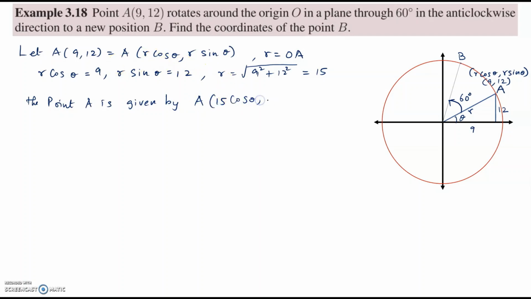Then the point B will be given by (r cos(theta plus 60 degrees), r sin(theta plus 60 degrees)). So that will be the coordinate of this point.